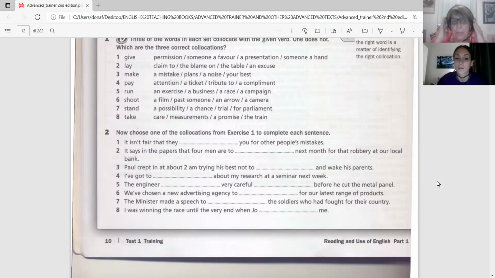In perché è passato. To make. Bravissima. Okay. Paul crept in at about 2 a.m. trying his best not to make a noise and wake his parents.